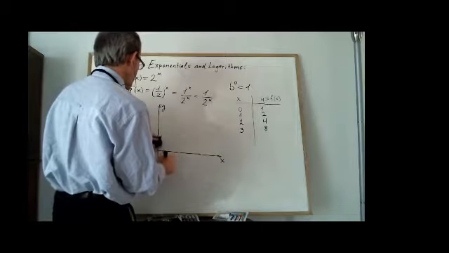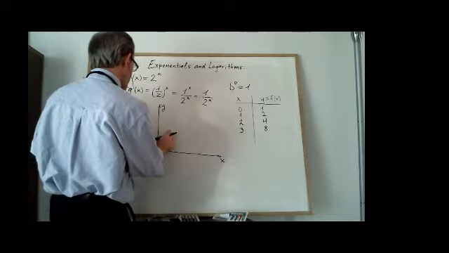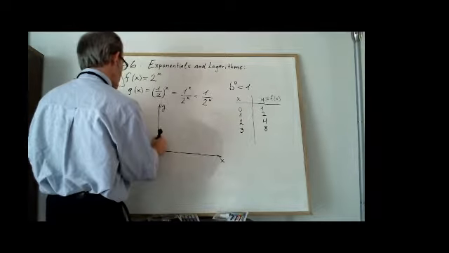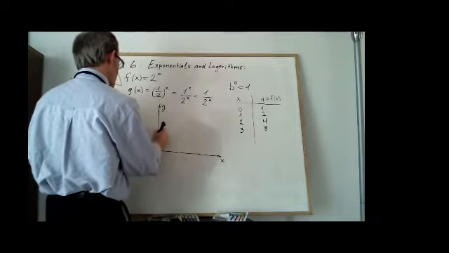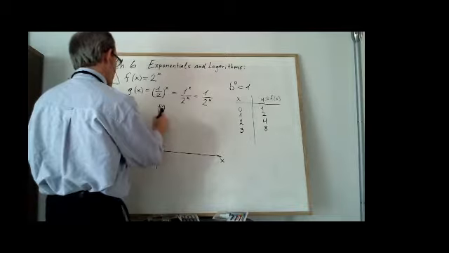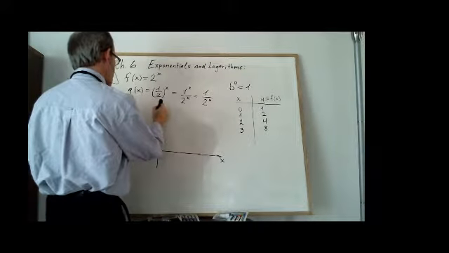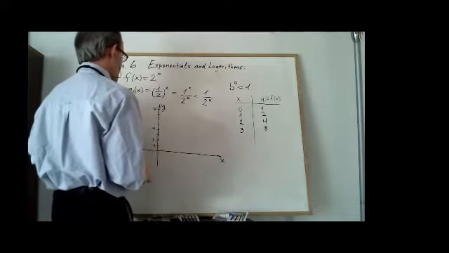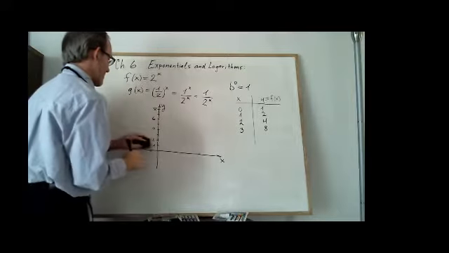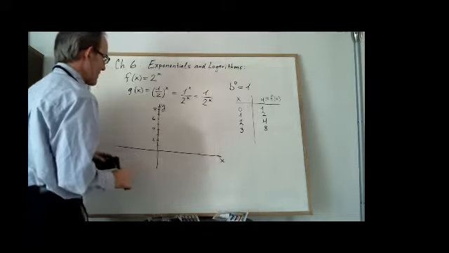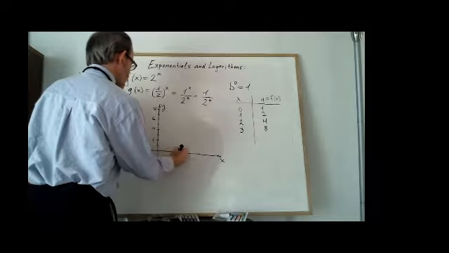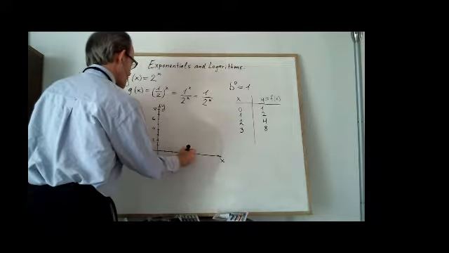If I put everything in a good scale here, let's try this. 1, 2, 3, 4, 5, 6, 7, 8. Okay, let's just write in the even numbers there to avoid congestion of numbers.